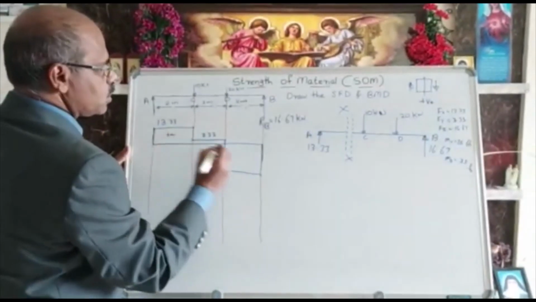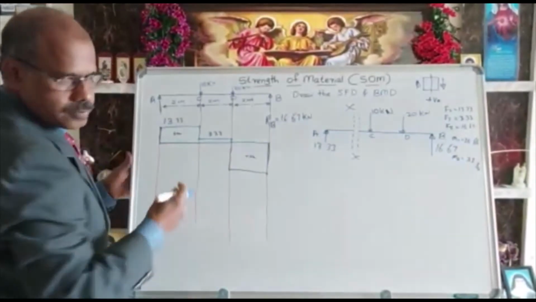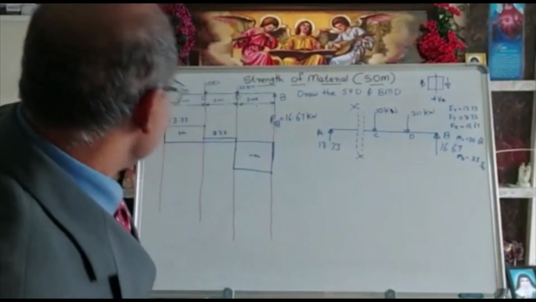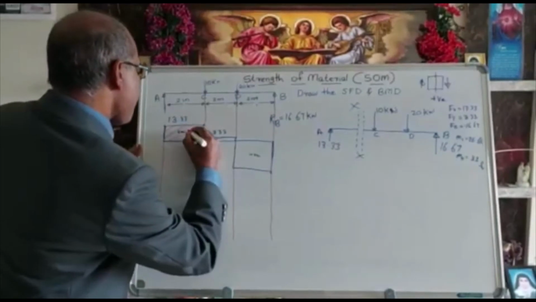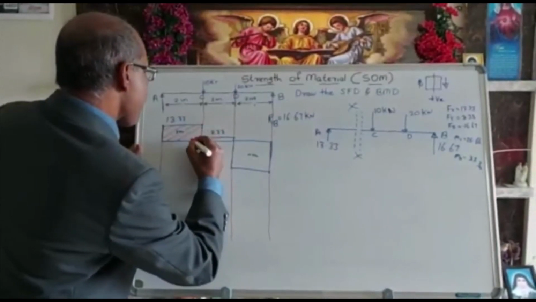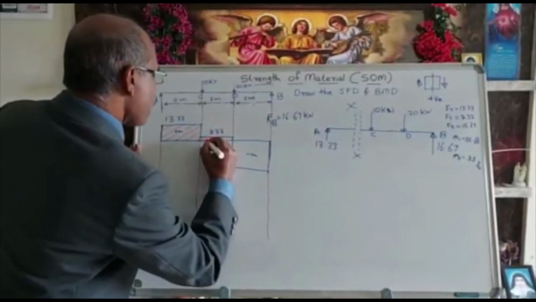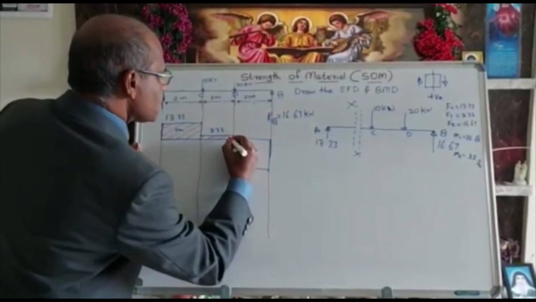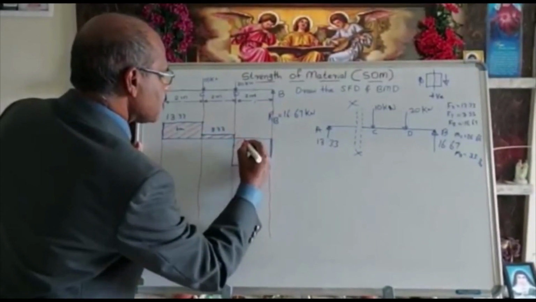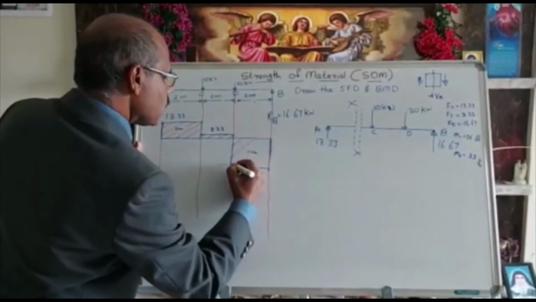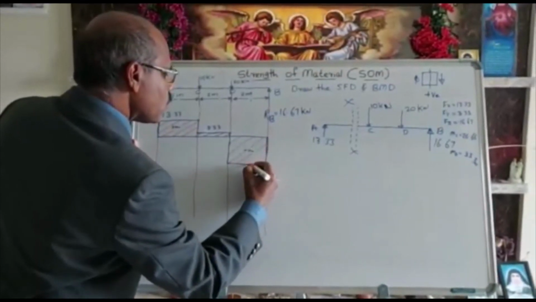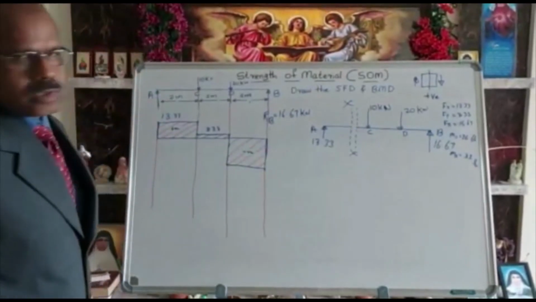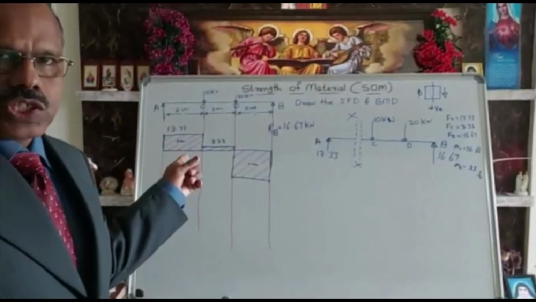Here it is positive, here it is negative. We can highlight it by drawing inclined hatch lines like that. So this is the shear force diagram.